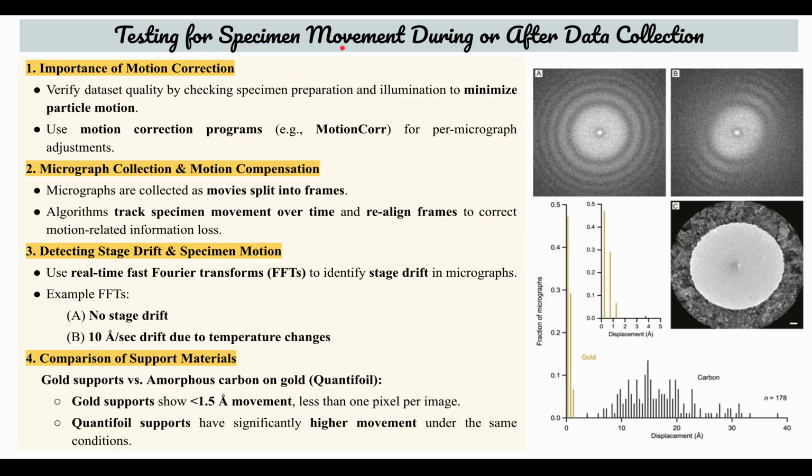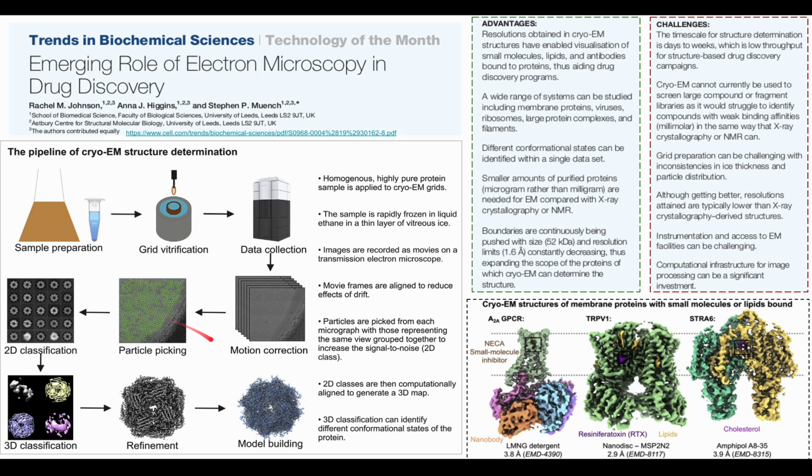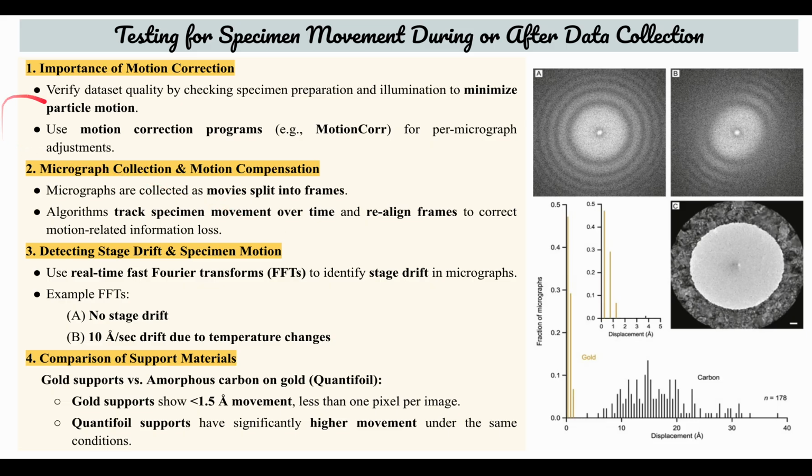Now comes testing the specimen, testing for specimen movement during or after data collection. So what is the importance of motion correction, which we have seen here? It verifies the dataset quality by checking specimen preparation and illumination to minimize particle motion. It uses motion correction programs such as MotionCor for per-micrograph adjustments and motion compensation.